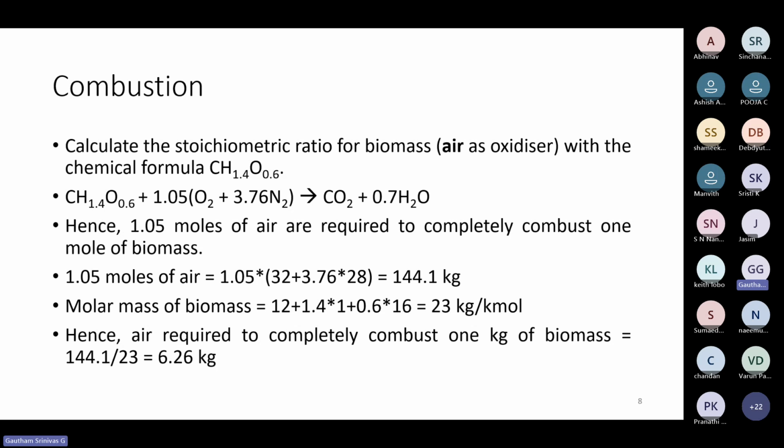But here I'm calculating so many moles of air, how many kgs of air does that correspond to? You got it? Yes. Okay. So that's why here it's kg and this is kg per kilomole.